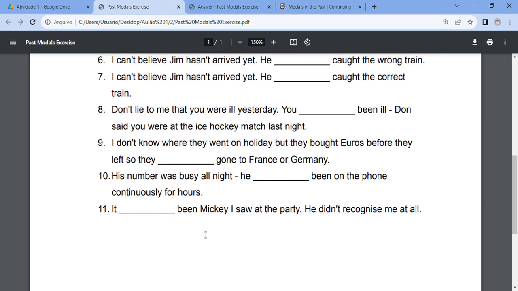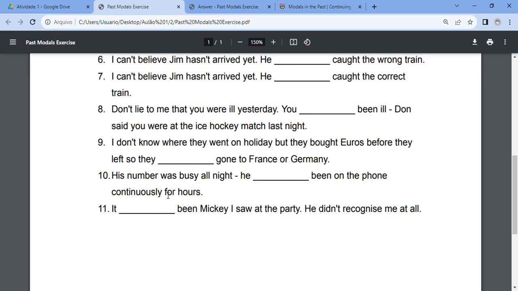His number was busy all night. He something being on the phone continuously. Jesus Christ, this word is difficult to say. I'm sorry, guys, there is some word that's really difficult to say.